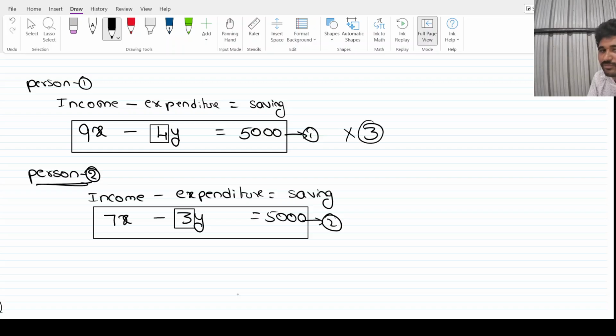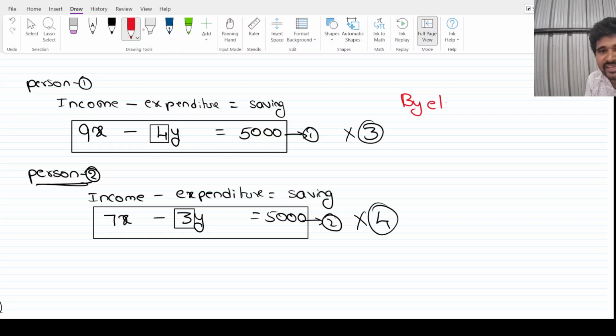For this, multiply by 3. For this, multiply by 4. Both are the same sign, so what did I say? You have to do subtraction. If both are different signs, then addition. Clear?